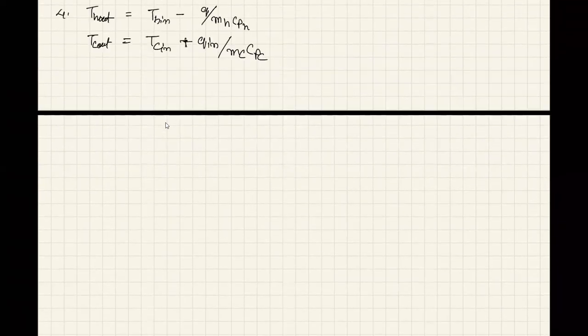I will use the same double pipe heat exchanger problem that we had discussed in our previous classes.